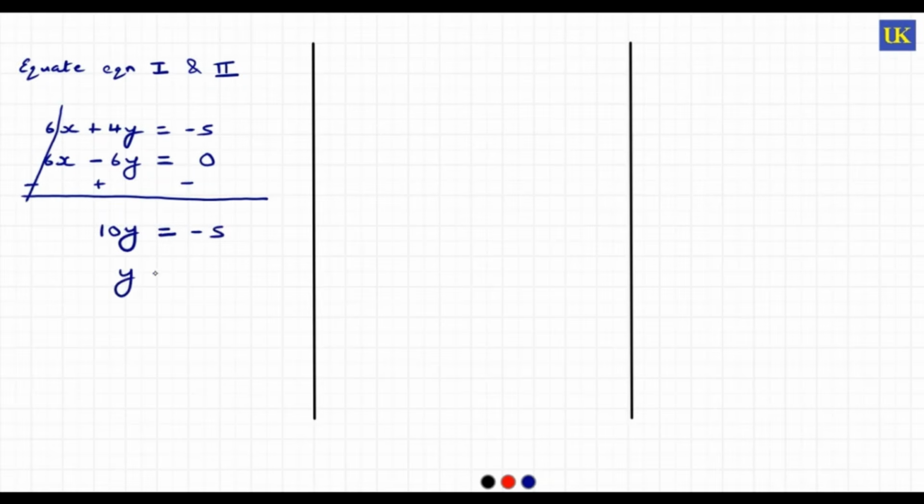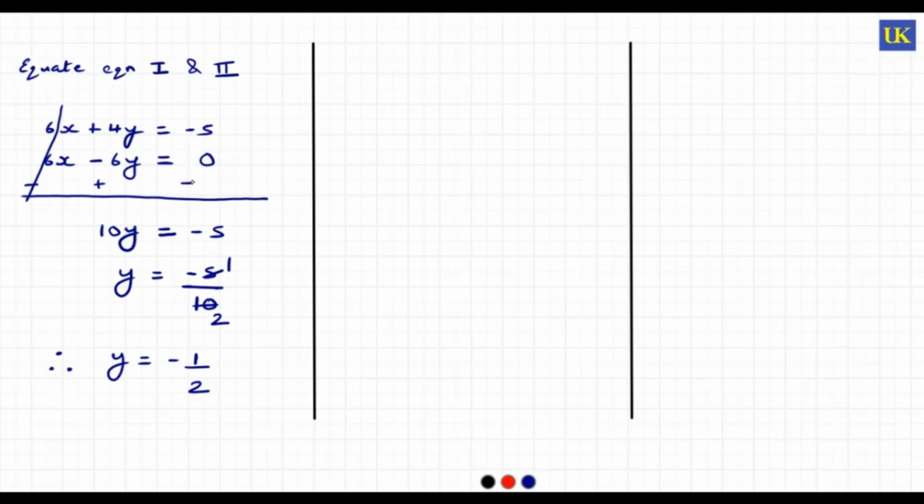Then y is equal to minus 5 by 10. So 5 ones are 5, 5 twos are 10. So y is equal to minus 1 by 2. So this is the value of y. Actually we cannot put a sign for 0, so if you take it plus or minus, just ignore this 0 part always.